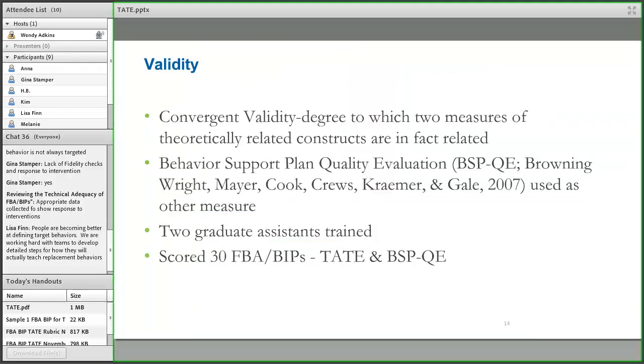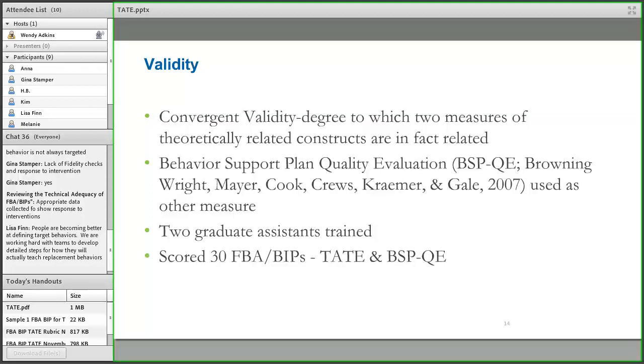We also did what's called convergent validity, where we wanted to see whether we got the right, what sometimes is called the construct. So does the TATE actually and truly measure what it says it's going to measure, the quality of an FBA BIP? So we used Cook's and Diane Browning Wright's Behavior Support Plan Quality Evaluation Guide. You can download that for free from the internet if you really want to see it.